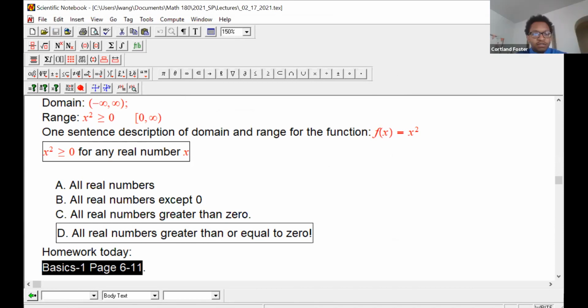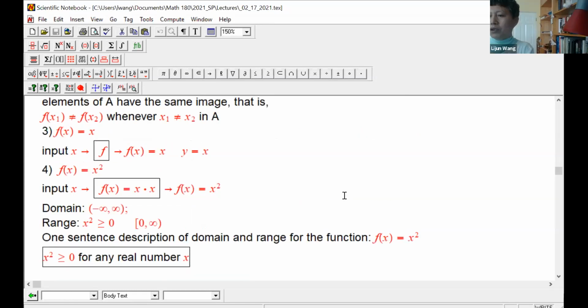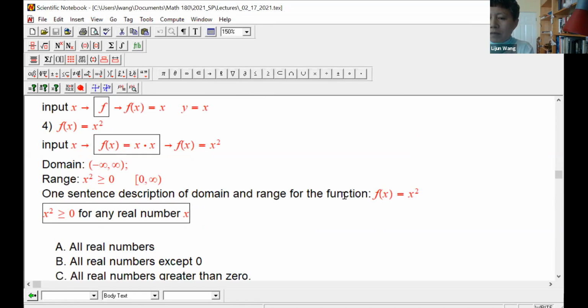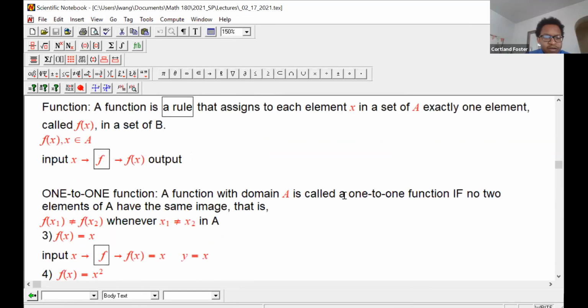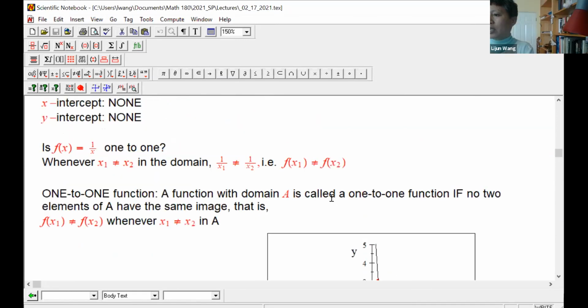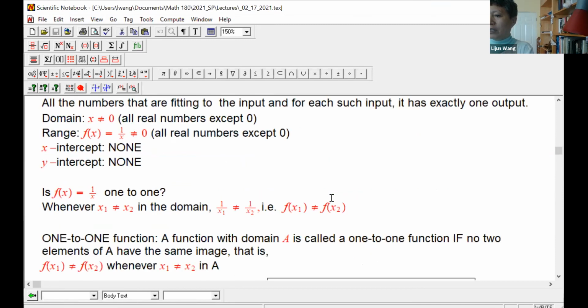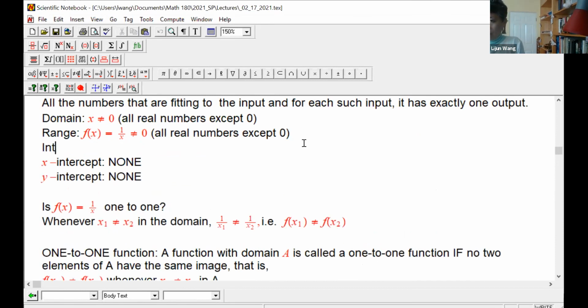I have one more question. For the function f of x equals 1 over x, how do you write the range in interval notation? If you prefer interval notation, you can do it this way.